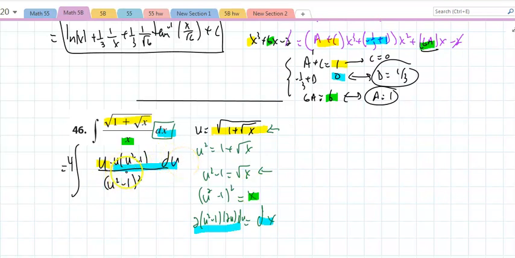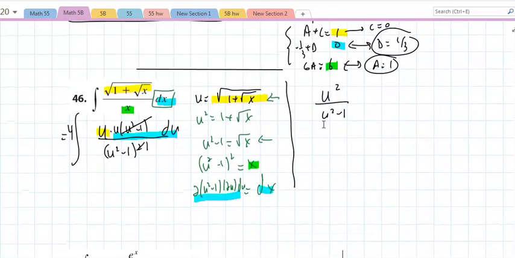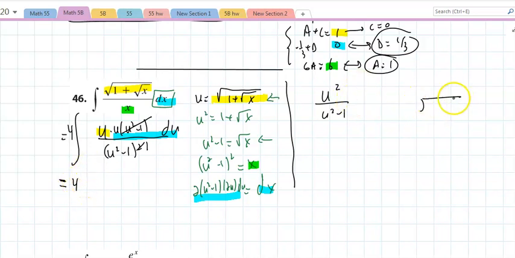And if I look at this, oh, I could cancel this with one of those, right? That's really u squared over u squared minus 1, isn't it? So if I do long division, that would be 1 plus 1 over u squared minus 1.